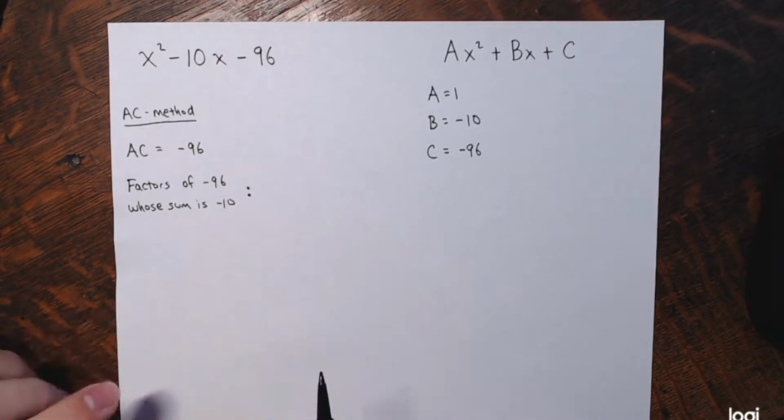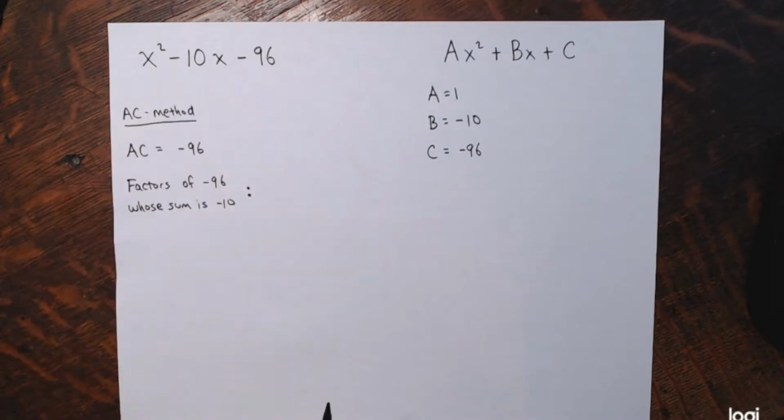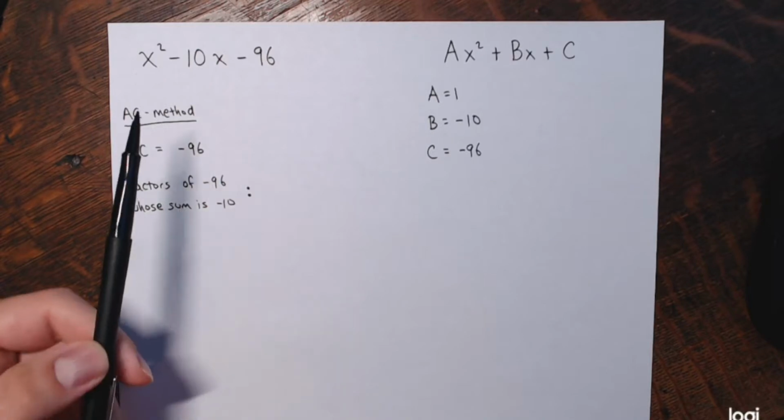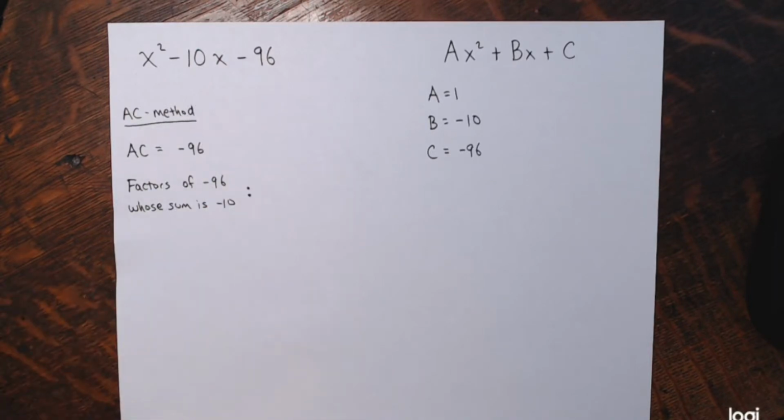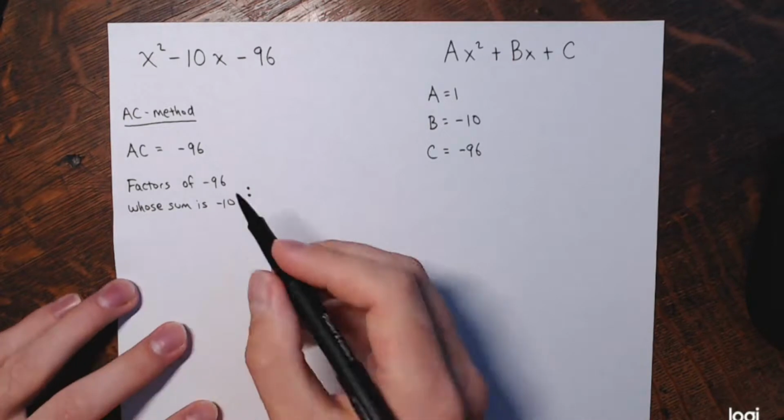Now you could do the whole b squared minus 4ac thing like I did just to see if it's factorable. B squared would be 100, and then minus 4ac would be plus 96. 196 is 14 squared. So yes, this is factorable. B squared minus 4ac is a perfect square, but again, I don't think they'll be giving us too many problems where you're not going to be able to factor.